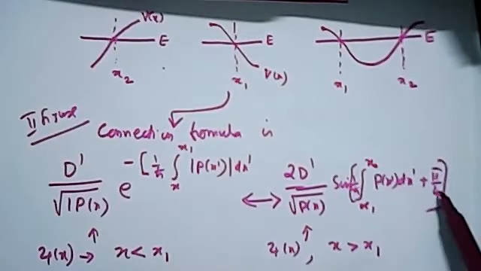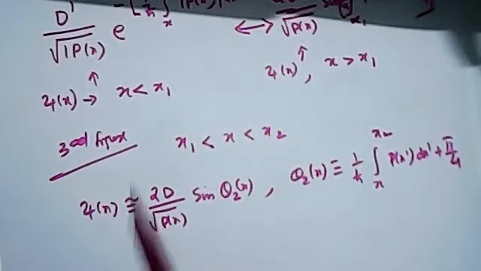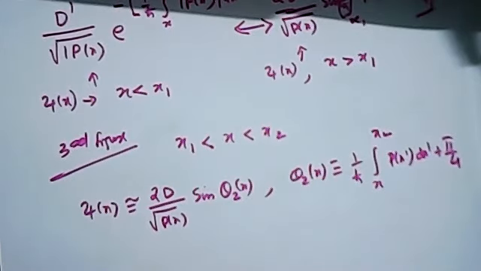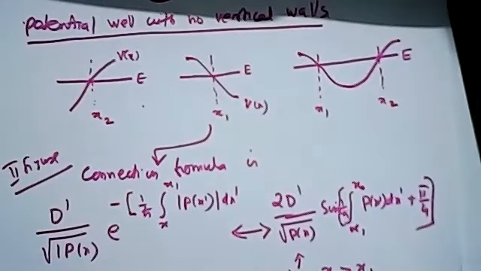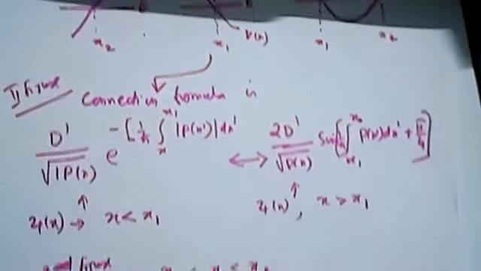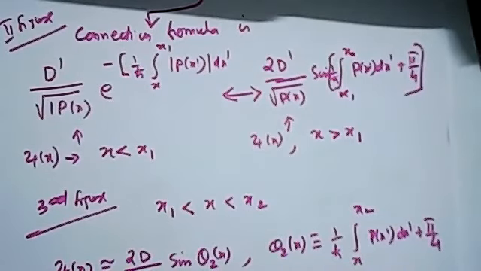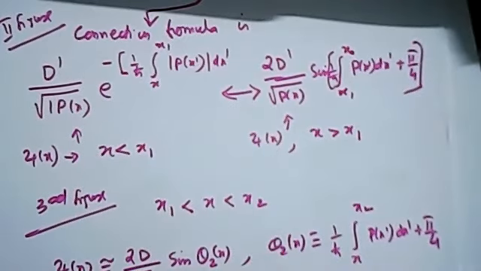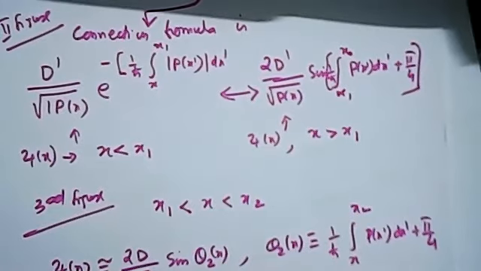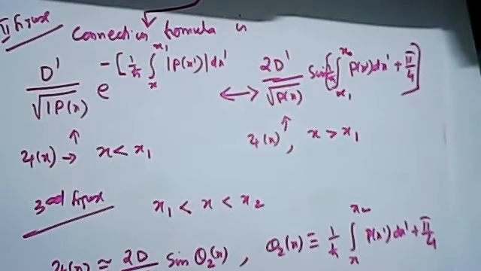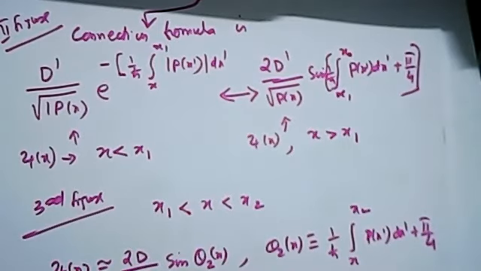Now on the other side, we can write psi of x as minus 2D dash by root of p of x, here it is D dash, then sine theta 1 of x, where theta 1 of x equal to minus 1 by h cross integral x1 to x p of x dash dx dash plus pi by 4.